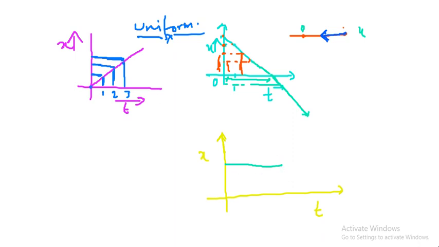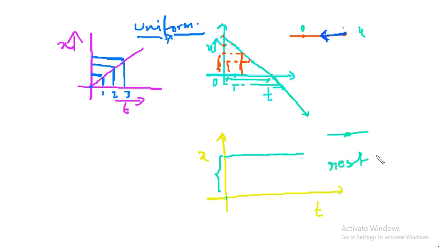This is a straight line and it is parallel to the time axis. So you can see that in this graph time is changing, but the position is not changing, the distance from the origin is not changing. That means the particle stays at the origin even though time is changing. So this particle is at rest.